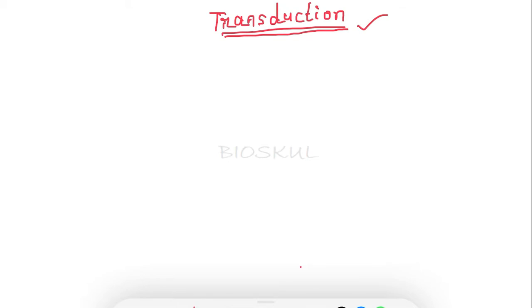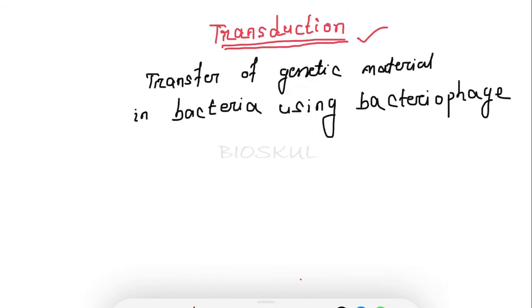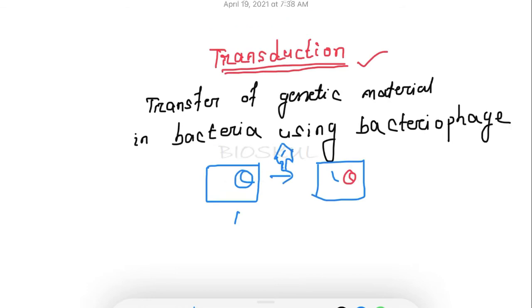Transduction is a process of transfer of genetic material between two bacteria via a virus. The genetic material is transferred from the donor bacteria, let's say bacteria A, to the recipient bacteria, bacteria B, by a virus.